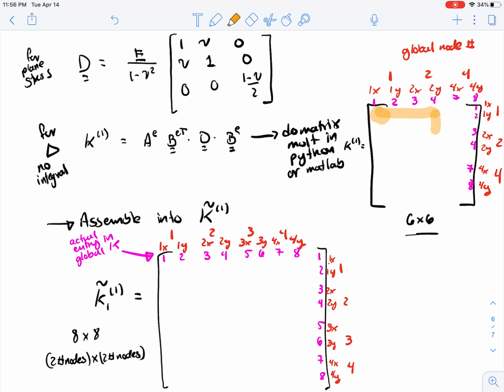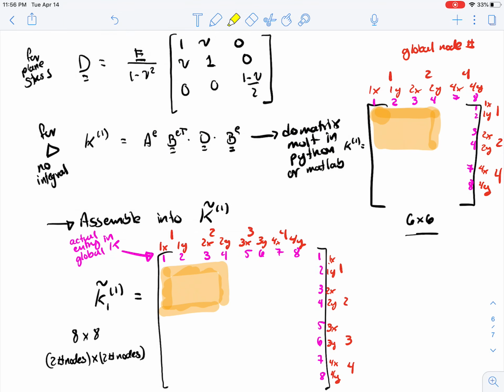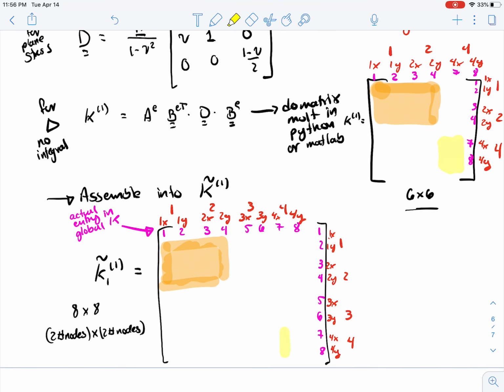So what that means is that these are easy. So for example, all of this part of the matrix just gets moved here. But then, in this part of the matrix, this 7, 8, 7, 8, that one is just this corner, 7, 8, 7, 8.